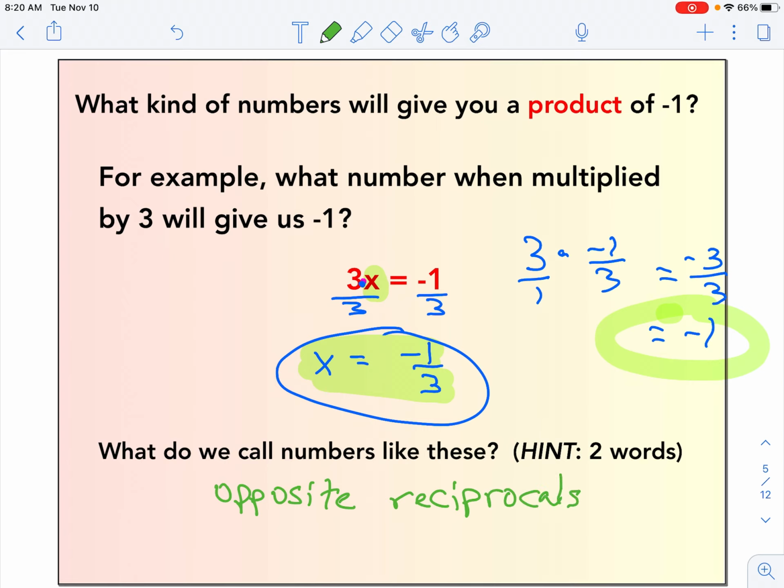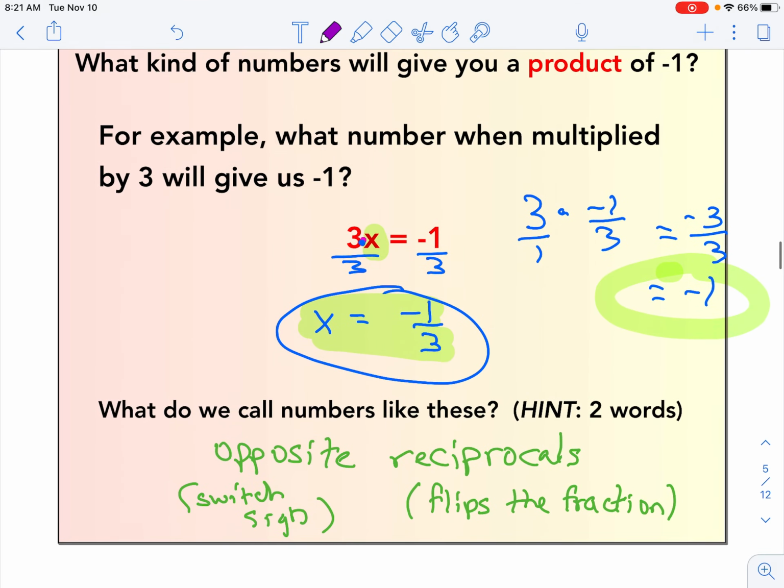Basically, the opposite part switches the sign, and the reciprocal flips the fraction. We're going to need that for our work in perpendicular lines.